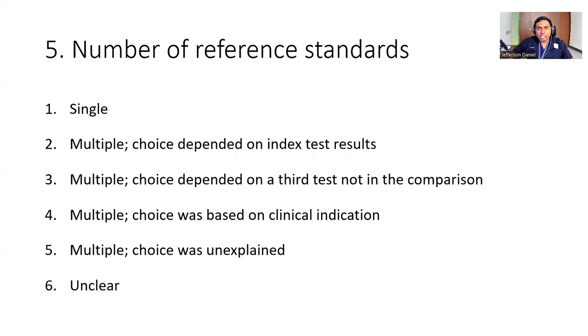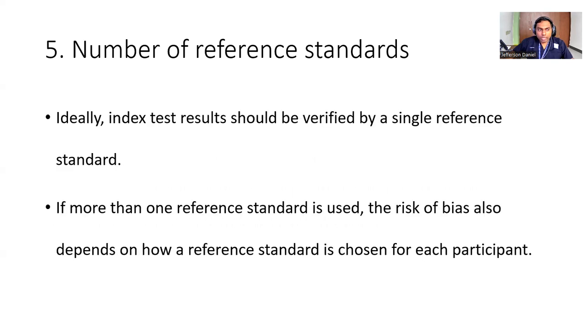For example, for pulmonary embolism, CTPA would be a good gold standard, but the patient has CKD, so in that case I did a ventilation perfusion scan. So there are different reference standards, but they should have explained why and how. Okay, in that situation only that is possible. You cannot do a CT scan in a CKD patient.